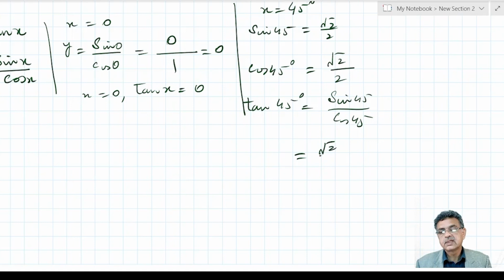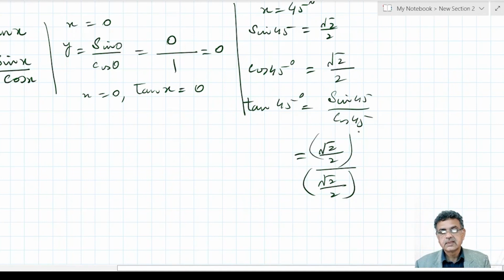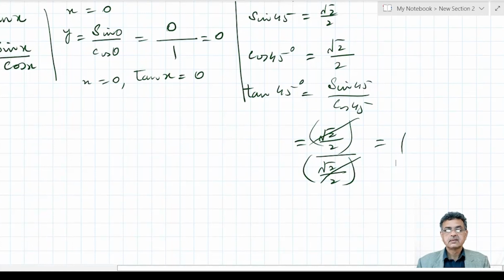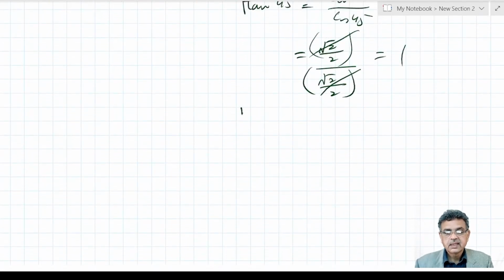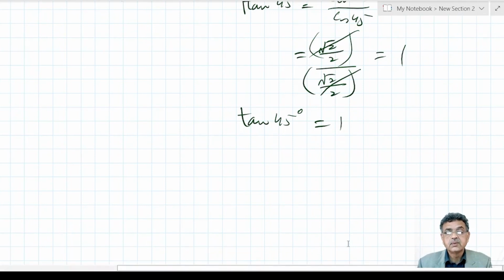Both the values are the same, under root 2 over 2. So these values cancel to give 1. So you can say that tangent 45 degrees is equal to 1.